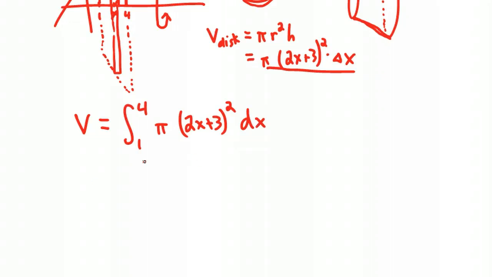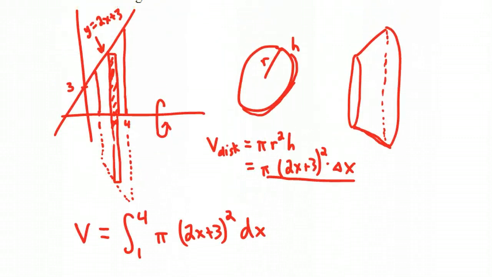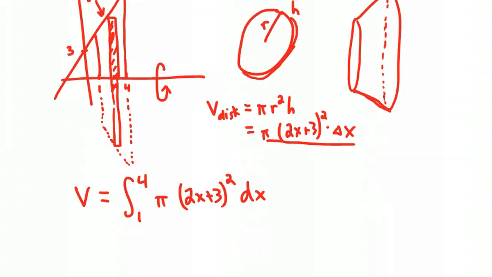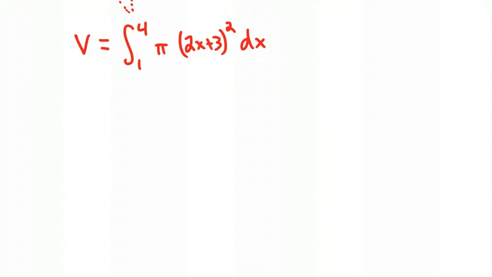This formula gives you the volume of that one little disk. We think of our region as made up of a whole bunch of really thin disks. We add up the volumes of those thin disks, and we take the limit as the width of those thin disks goes to 0, and we end up with an integral. Computing this integral gives you the volume of that solid of revolution.